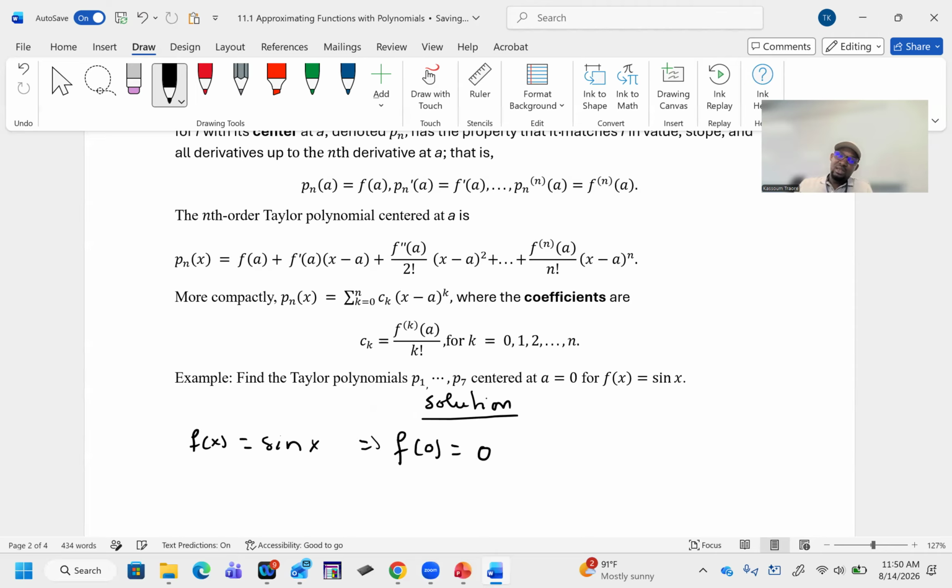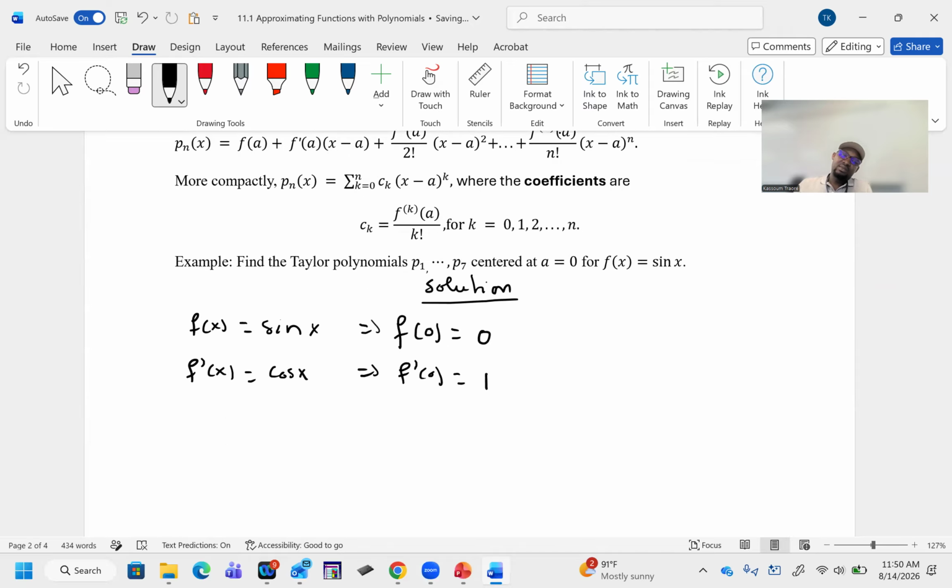0. F prime of x is the derivative of sin x, which is cosine x. So f prime of 0 will be 1. We have to do all of this, okay? And the second derivative of f of x will be negative sine x, which means the second derivative of f of 0 would be 0.